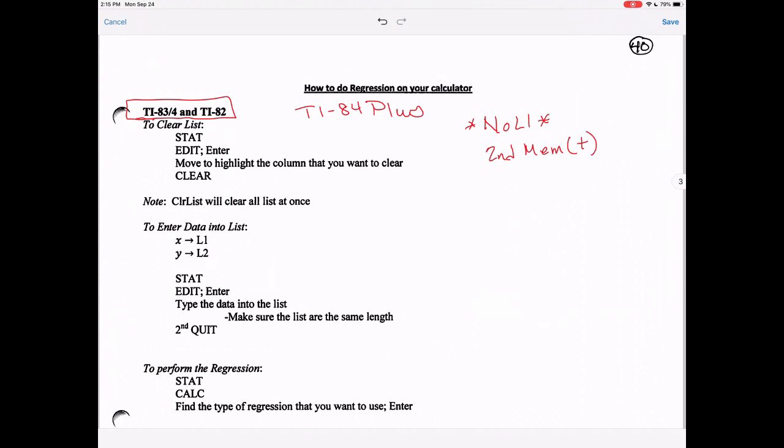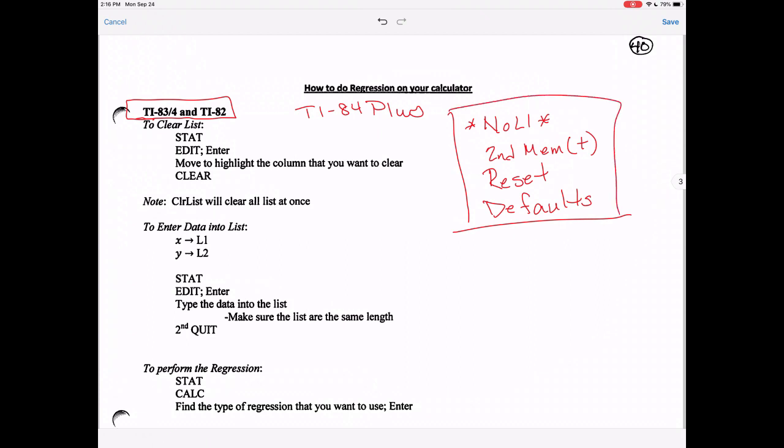You go into reset, and then you hit default. When you reset, you need to hit defaults, and this resets your memory.